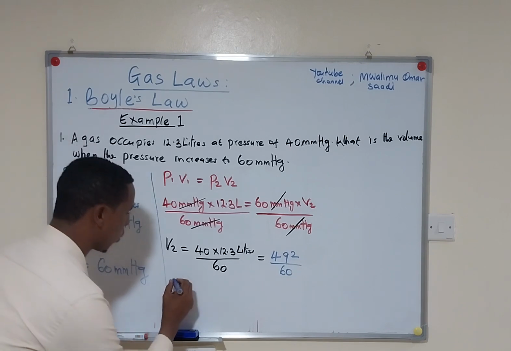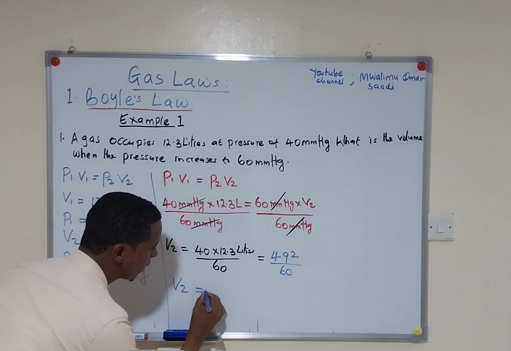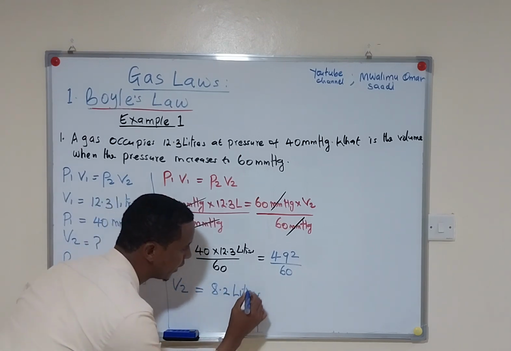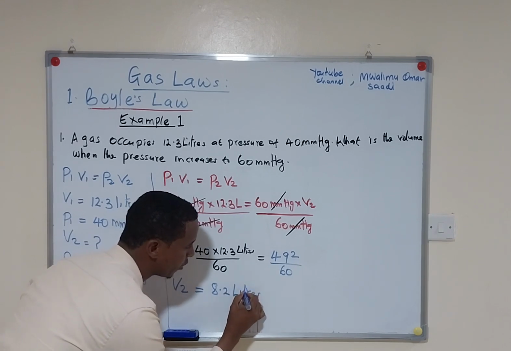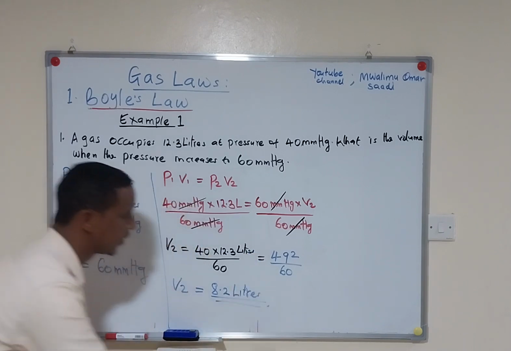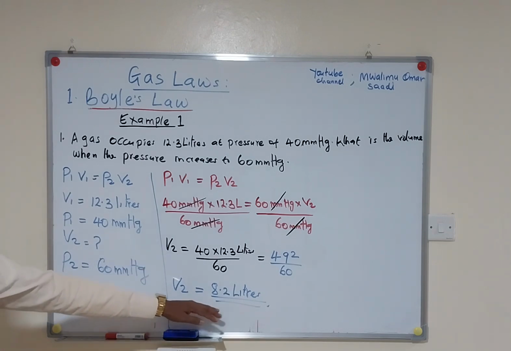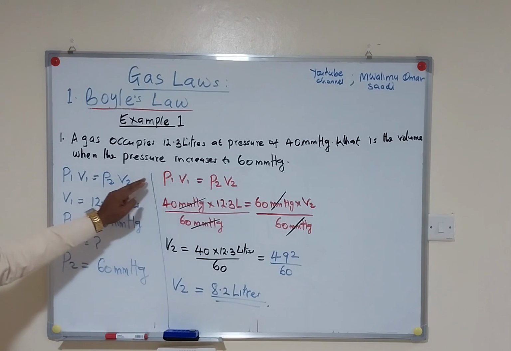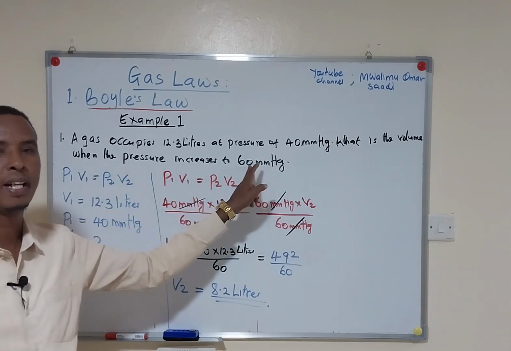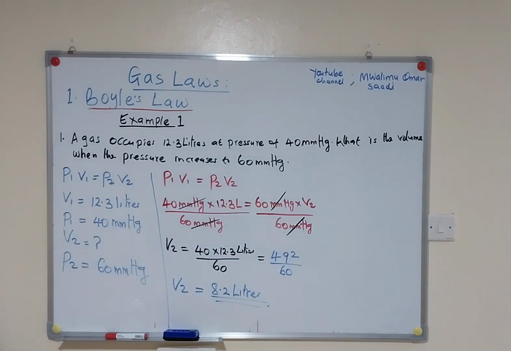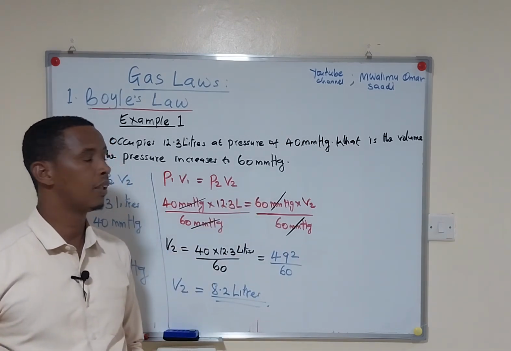So V2 is equal to 8.2 liters. So that is how you find V2. That means now 8.2 liters is at a pressure of 60 millimeter mercury. So that is now the first example of Boyle's law.